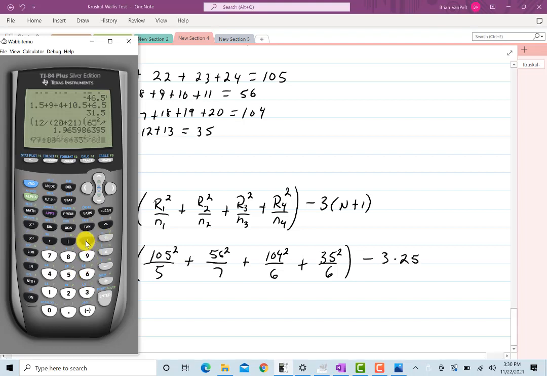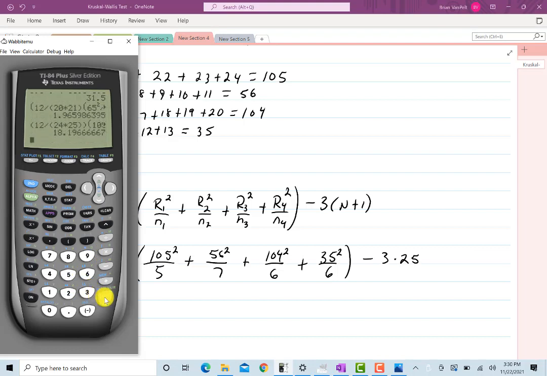I'm going to finish that parenthesis and subtract 3 times 25. Enter. So I get roughly 18.197.